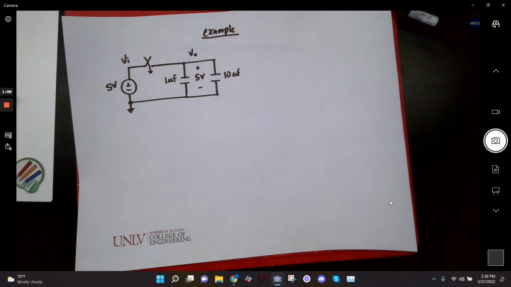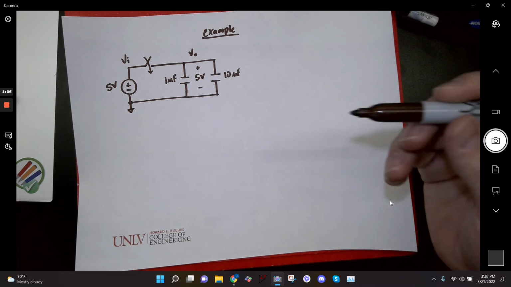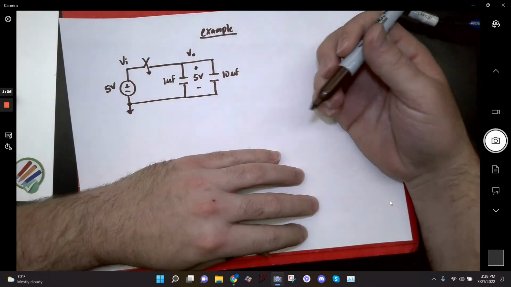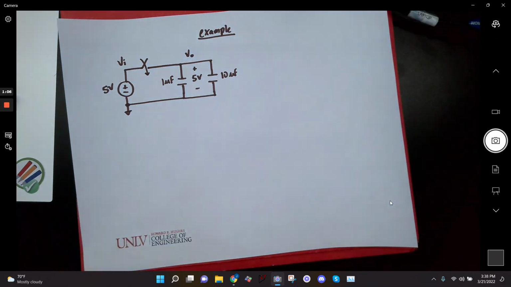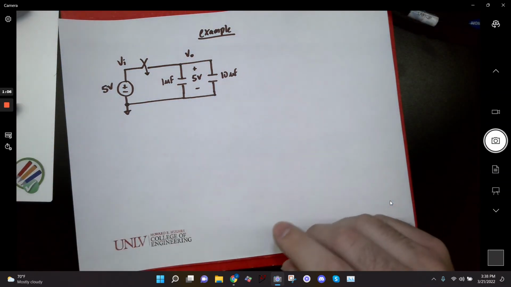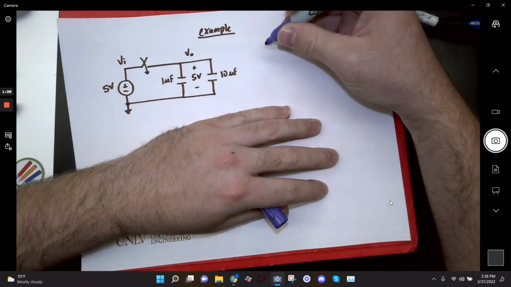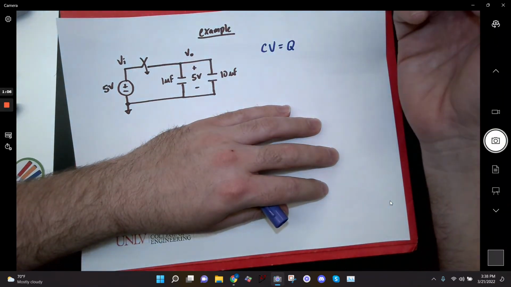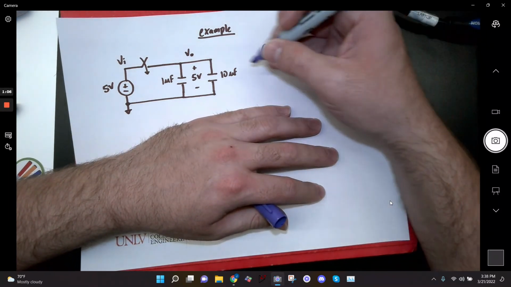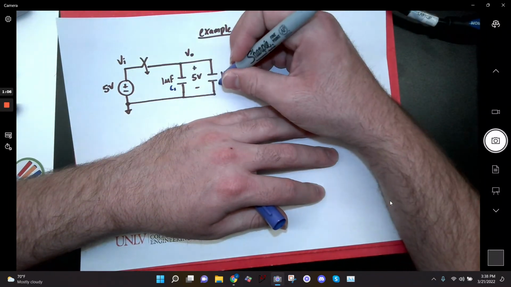So the question here would be how much charge is stored in the circuit. I have some charge stored on the 1 microfarad capacitor, and I have some charge stored on the 10 microfarad capacitor. If I wanted to solve that, I would use that CV equals Q equation, right? I know the capacitance and I know the voltage, so I can find the charge stored on each of them. Let's call this C1 and we'll call this C2.